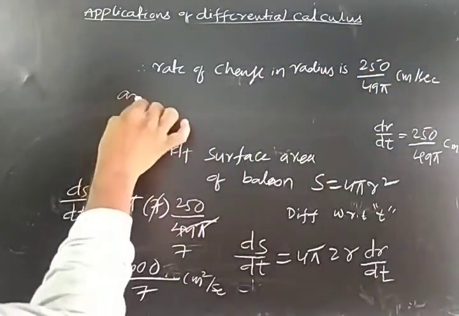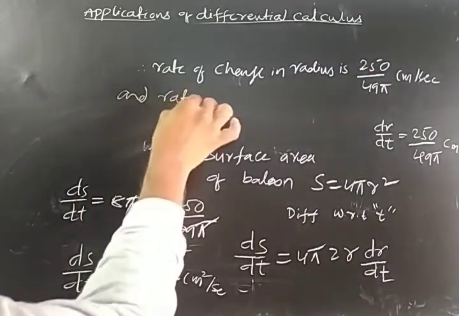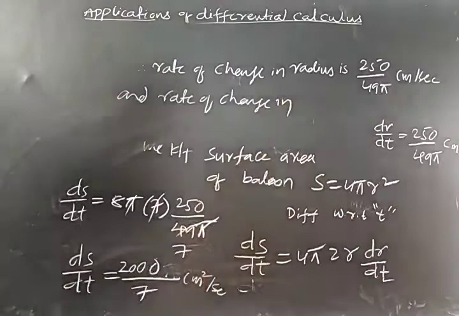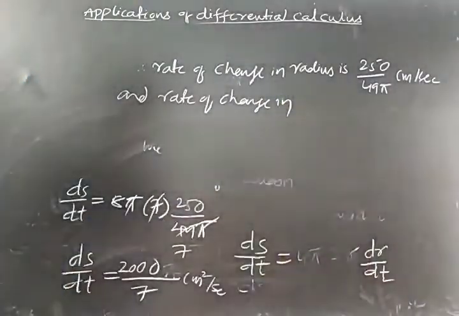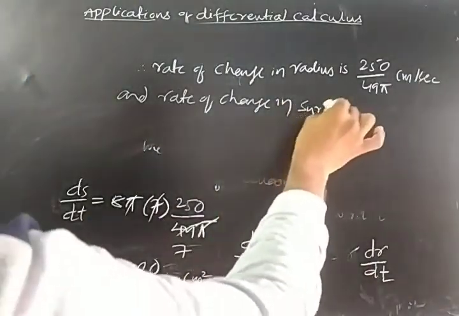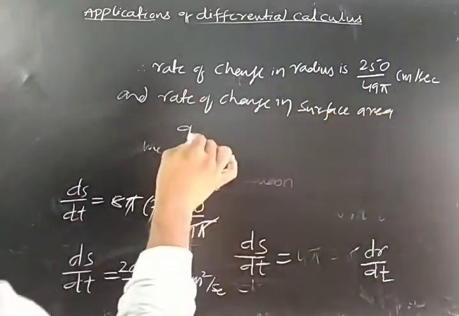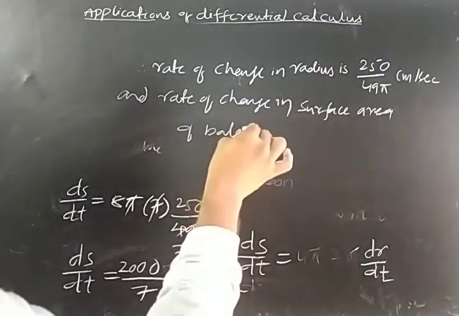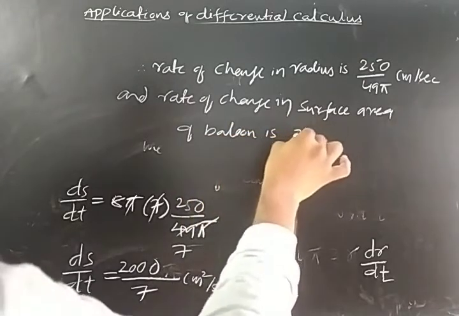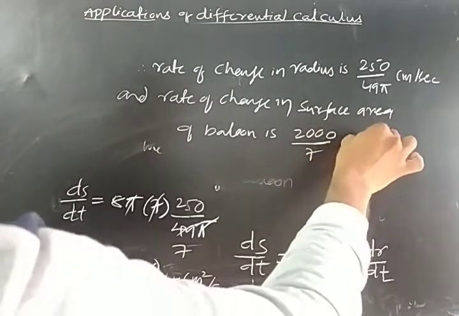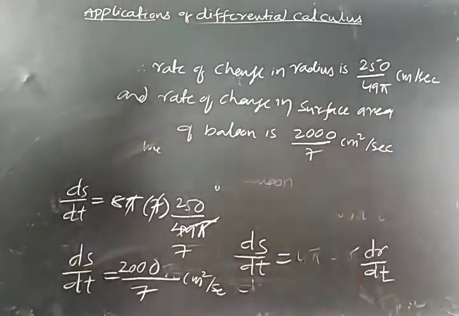And rate of change in surface area of balloon is 2000 by 7 centimeter square per second.